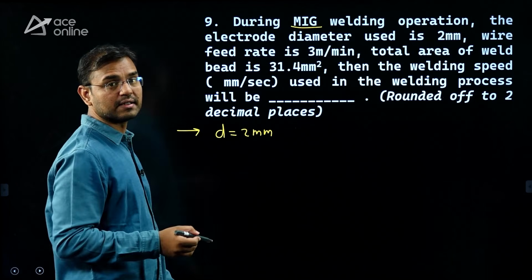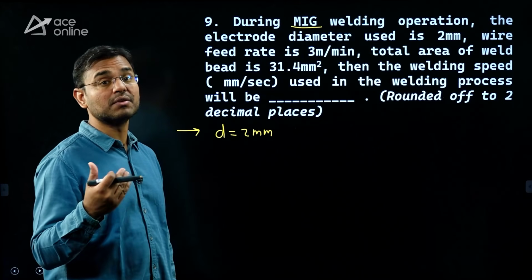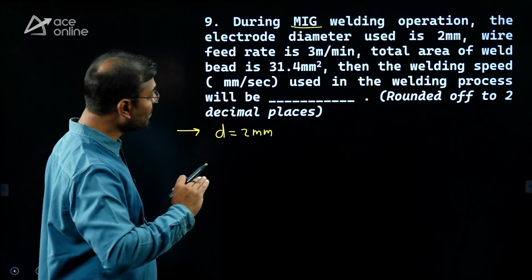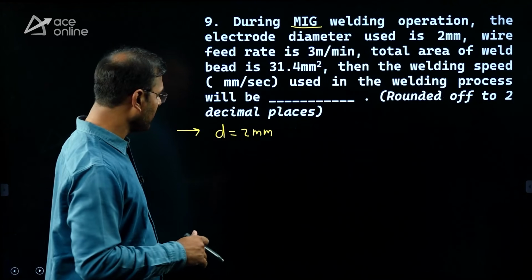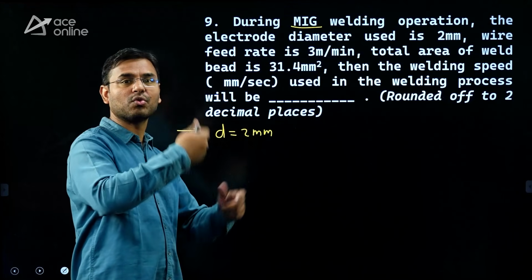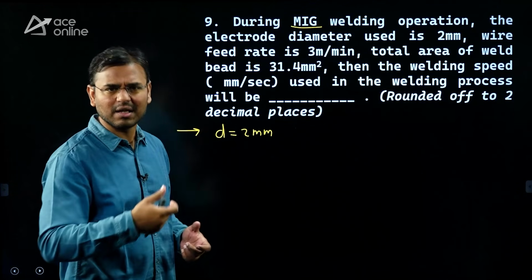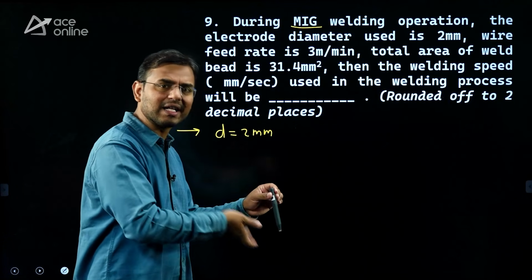Wire feeder rate, guys. In welding, two points are there. One is the feeder rate and one is the welding speed. You must differentiate between the feeder rate and the welding speed. Feeder rate means, as when you are flying a kite, you are supplying the rope continuously. In the same way, in the case of the electrode, we need to supply the electrode continuously.